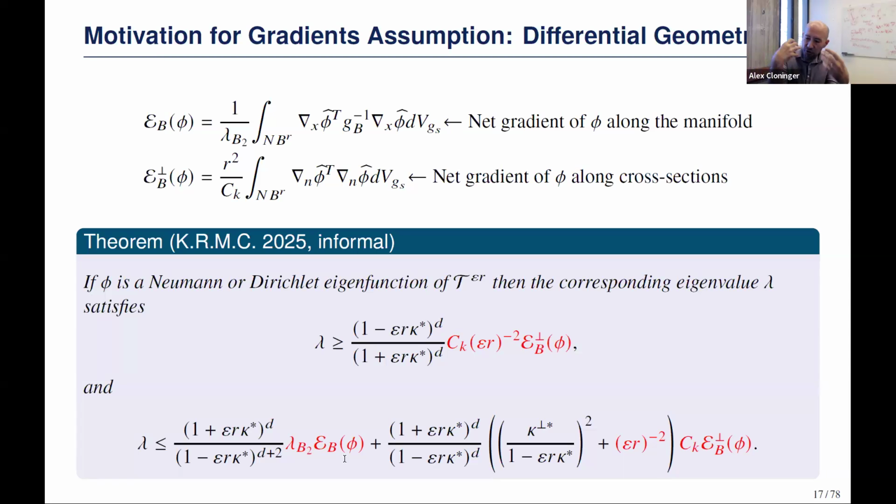So this is not fully written down like exactly the type of variation we're talking about, but it does imply that if we look at the low frequency set of eigenfunctions, they're mostly made up of functions that vary along the manifold direction and are pretty constant in the tubular direction.